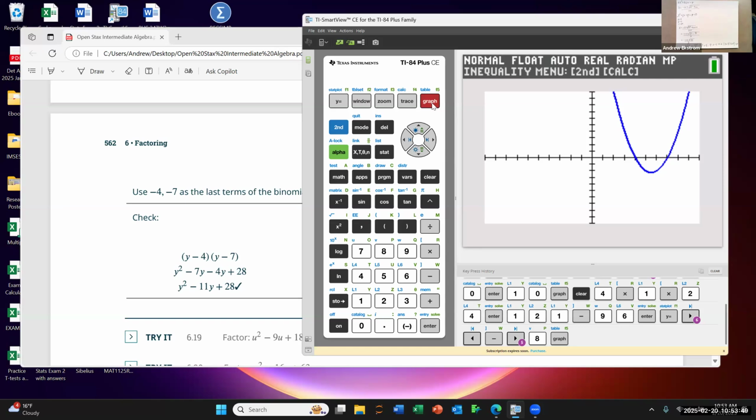And again, when we graph it like this, we get positive 4 and positive 7. When we put it in, we have to make sure that we put the negatives on. Because again, we want to say y minus 7 equals 0. So positive 7 minus 7 equals 0.